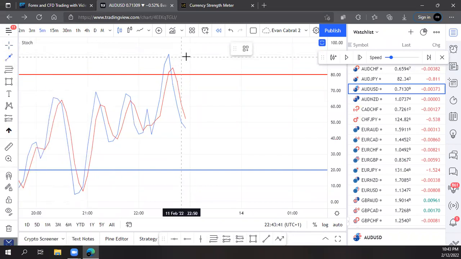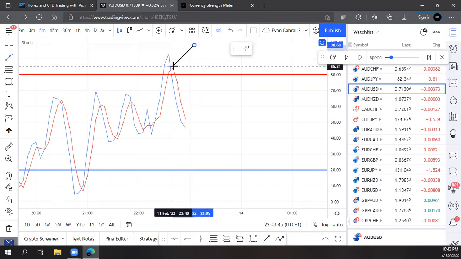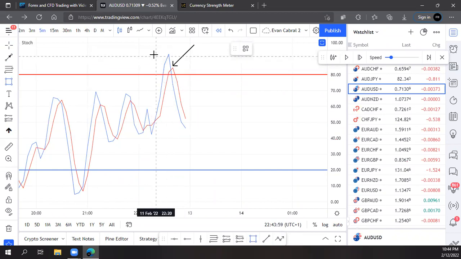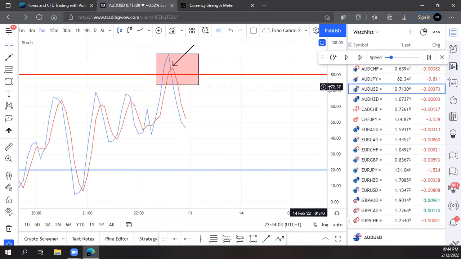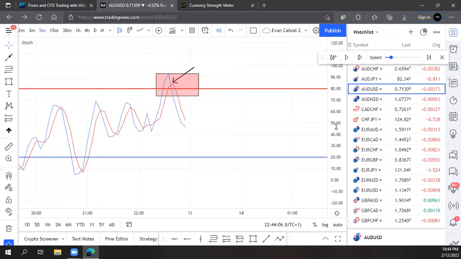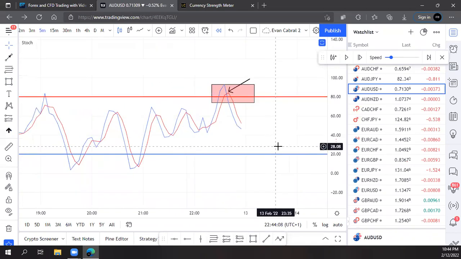You're going to see that we had the red line cross the blue line somewhere here. Once this red line crosses this blue line and it's in this zone, I consider that a sell entry. That is when your sell is ready to drop.